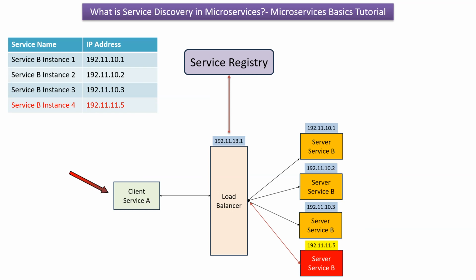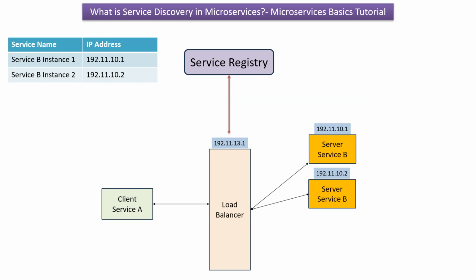When client service A sends a request to the load balancer, and based on the algorithm the load balancer decides to send the request to service B instance 4, the load balancer will ask the service registry for the IP address of service B instance 4. Then the service registry will give it: 192.11.11.5.